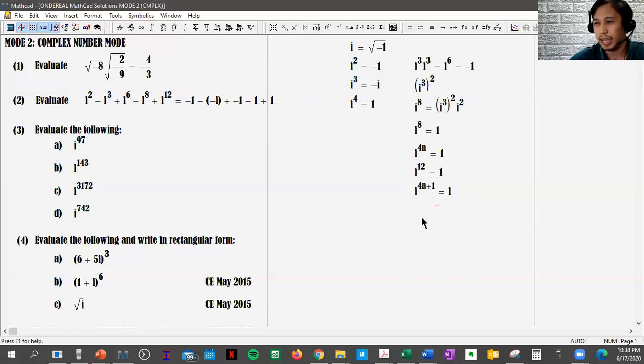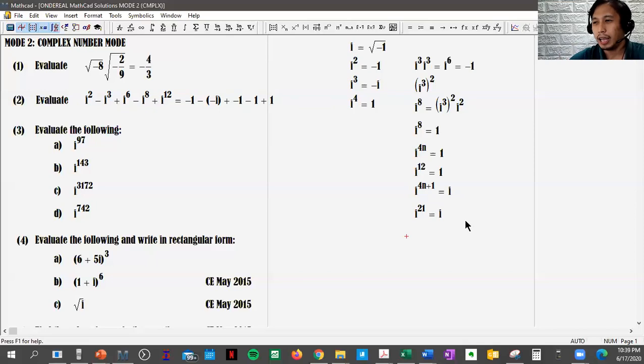No, not negative, but i. For example, i raised to the power of 21. 20 is a multiple of 4. No? So i raised to 20 plus 1 is equal to i raised to 20 times i. No? So its result is equal to i.